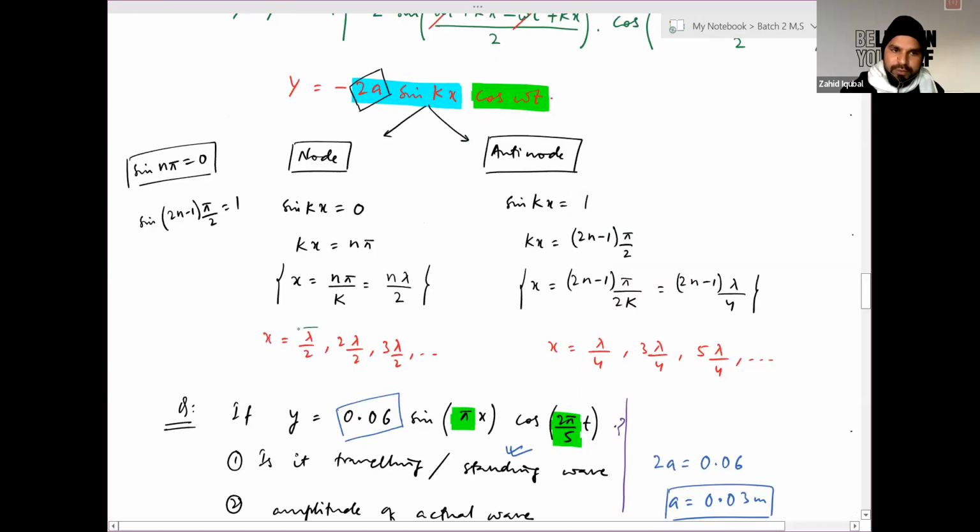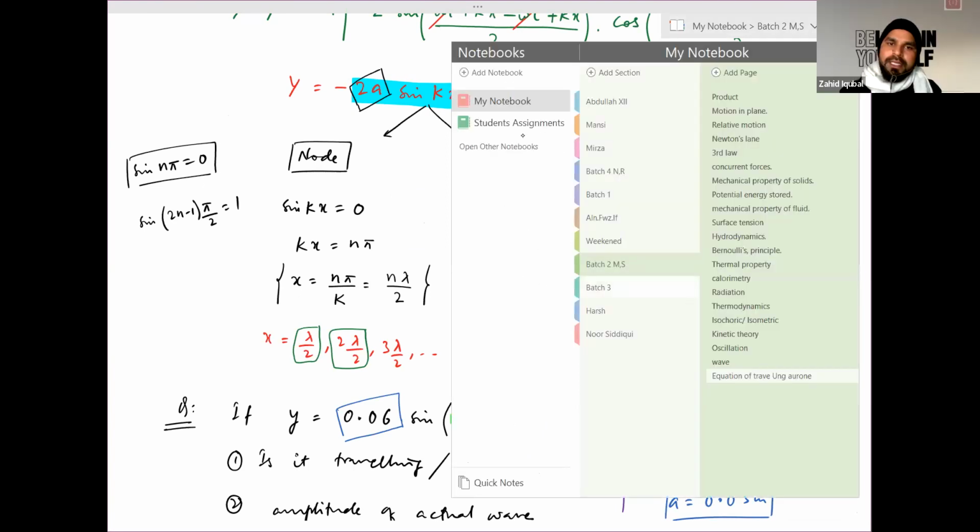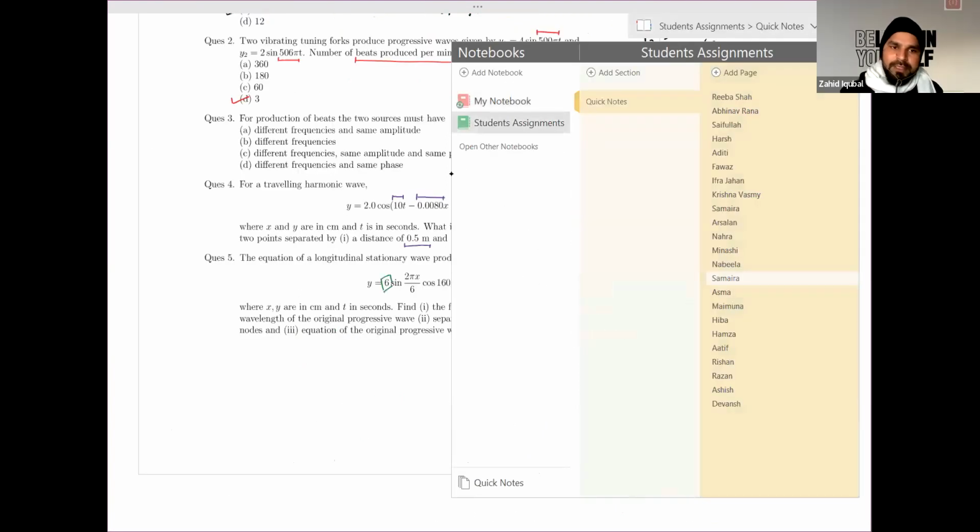We have one of the nodes at this point and the adjacent node at this point. If you subtract these two terms, two adjacent nodes differ by lambda by 2. Is it clear? Yes, sir. So we have to calculate half of lambda.